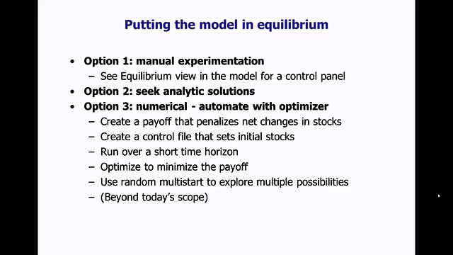You can use the optimizer to discover equilibria by creating a payoff that penalizes changes in stocks, attempting to therefore set them to 0, and then a control file that has access to the initial conditions for each of the stocks, run the model over a short horizon, optimize to minimize the initial changes in stocks, and you'll get equilibria. And this is the kind of thing you want to do in random multi-start mode so that you can discover multiple equilibria if there are any.